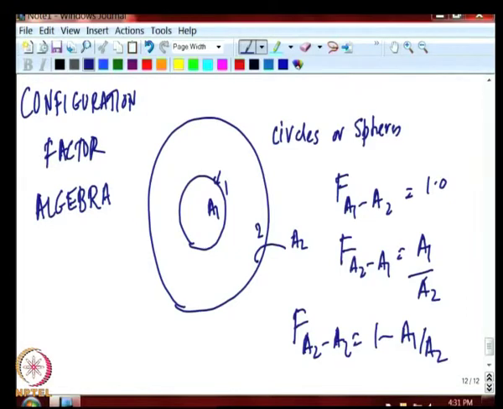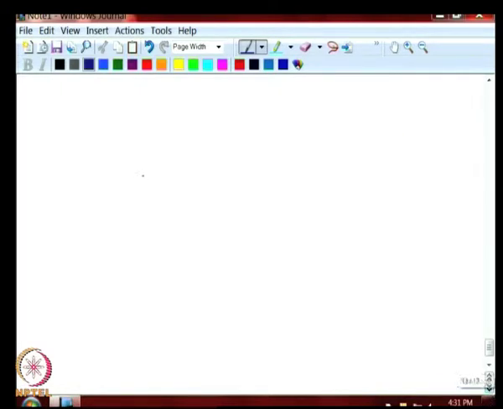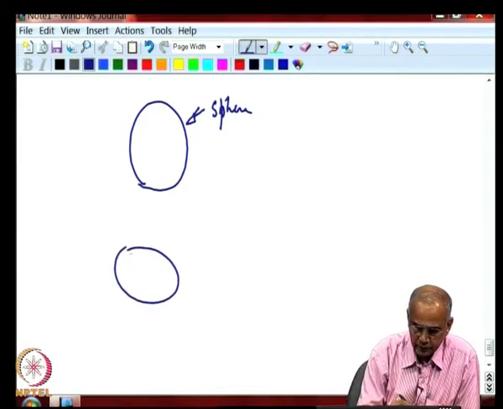Okay, let us take a few more examples of this kind of situation, where without integration you use your understanding of the symmetry of the problem to get the answer. Let me give one example here. Suppose you want to calculate the shape factor from a sphere to a disk.